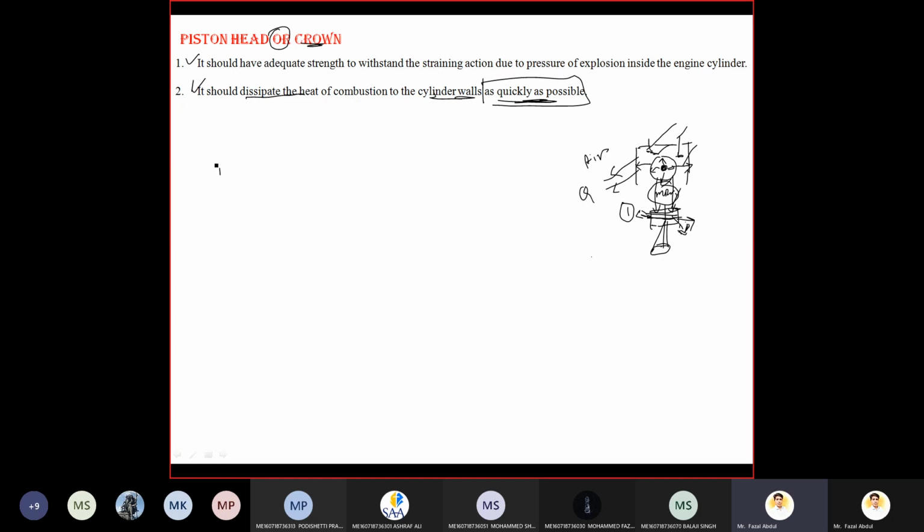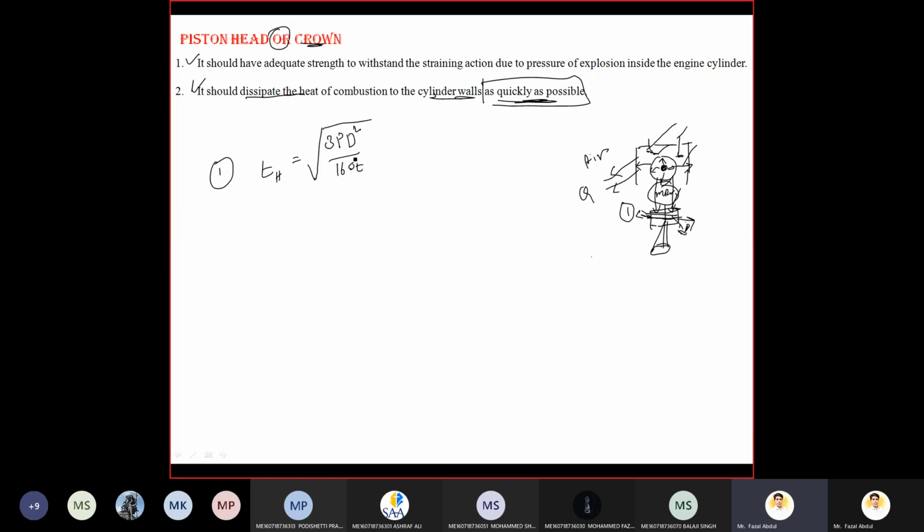According to the first criteria, the strength criteria, the equation for thickness of the piston head, denoted by T suffix capital H, is the square root of 3 into P into capital D square by 16 sigma T. This is the empirical relation.